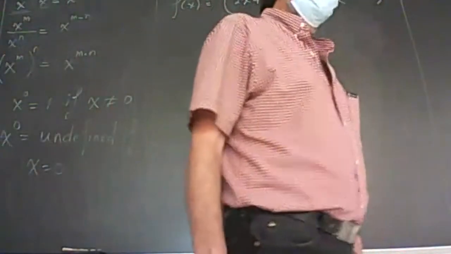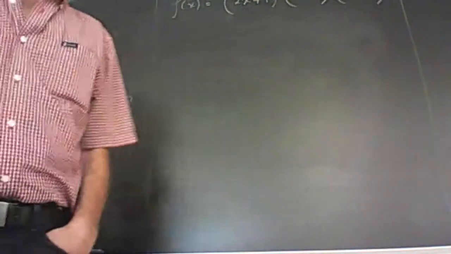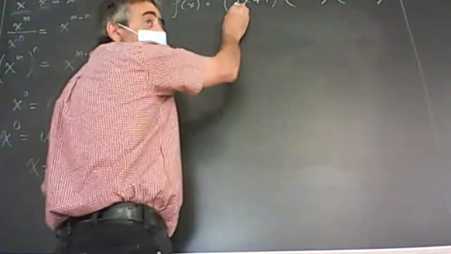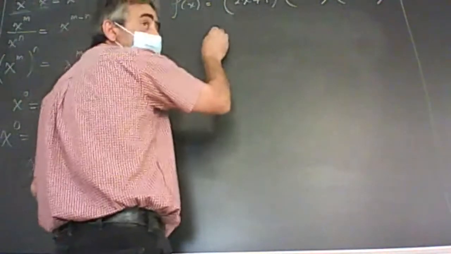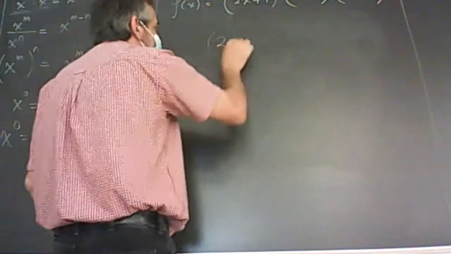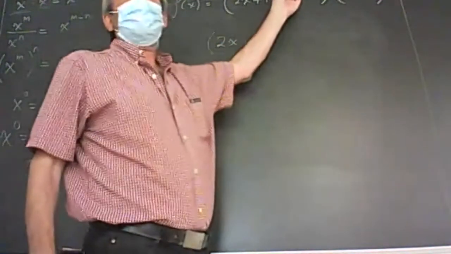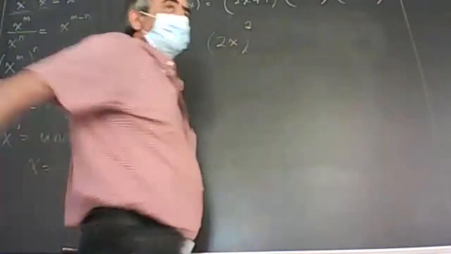So in every factor, I'm just going to look at the term that has the highest exponent of x. In the first factor, we have how much? 2x, yes? So I'm going to put 2x. Unfortunately, we do have an exponent outside, 2, right? So I'm just going to put that exponent.